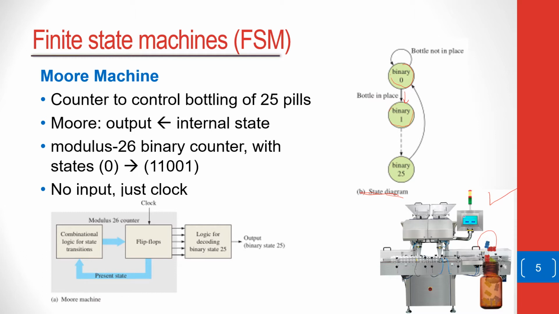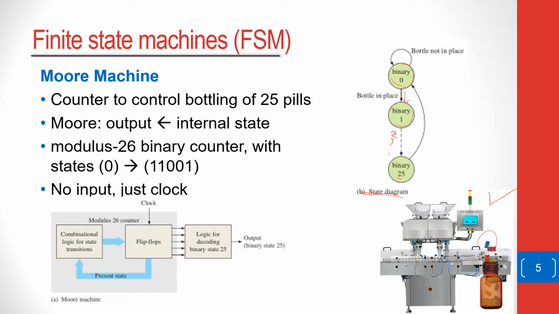The next bottle comes in below the dispenser of the pills, and as it does, the controller, which is the counter in this case, enters state 1. It enters state 1 by releasing the first pill, then enters state 2 by releasing the second pill, 3 the third pill, and so on, up to the 25th pill.